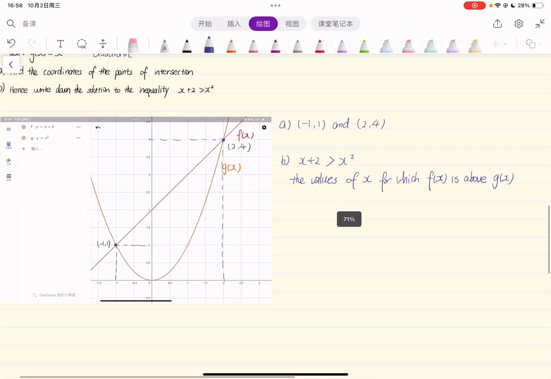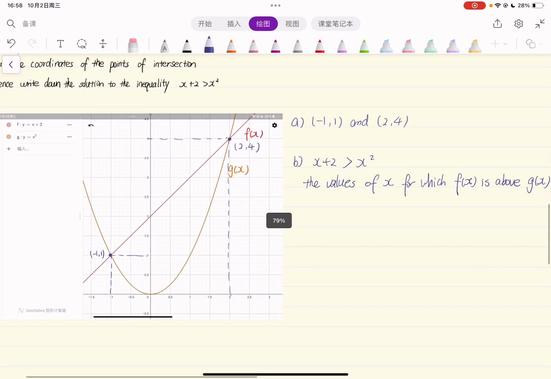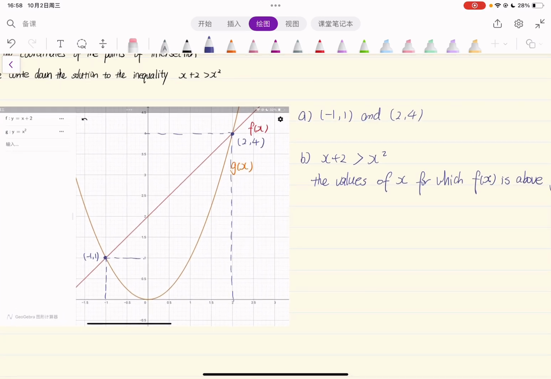So which part satisfies that? f(x) above, so the red line above the orange line.